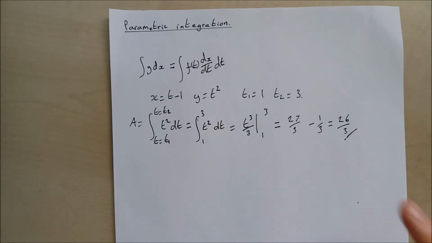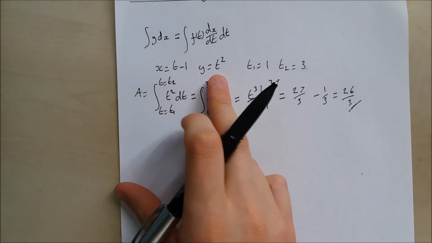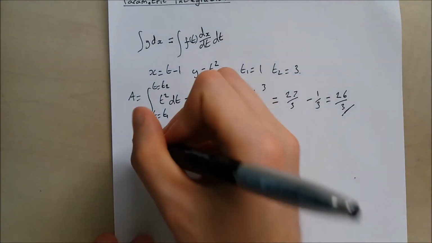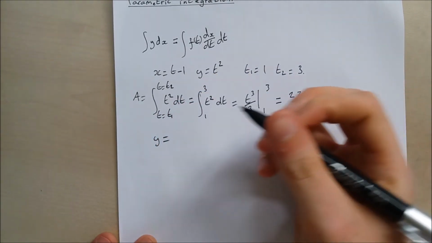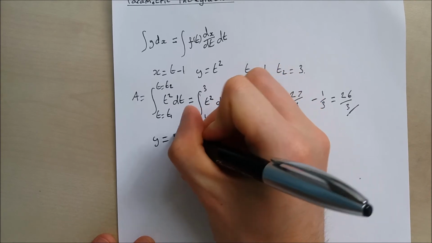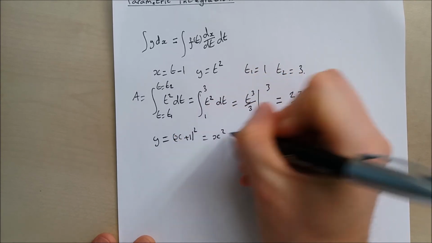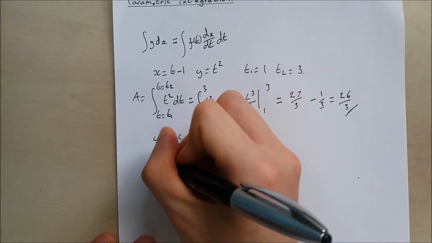If you want to check this is the correct result, you can find the Cartesian equation from these bits of information and then do that. So from here you can see that the Cartesian form is y equals (x plus 1) all squared, which if you expand out gives you x squared plus 2x plus 1.